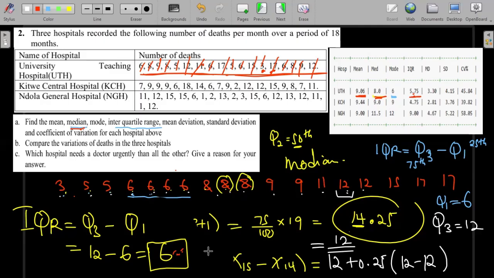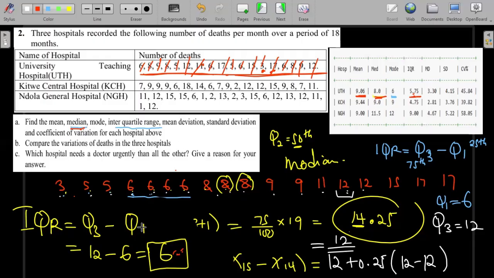No. I don't know any other formula. I've always been using the interpolation formula. If there is another one which is easier, you can share it with me after the class. But I've not looked at any other formula which is easy. Thank you, sir. I've always used the interpolation.